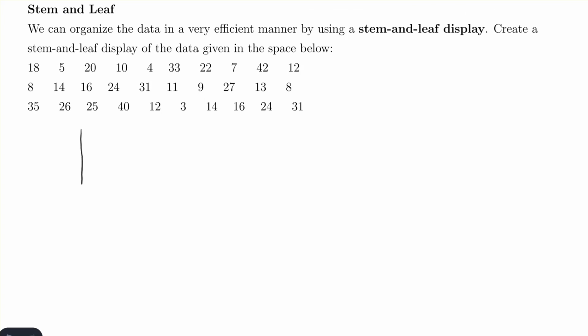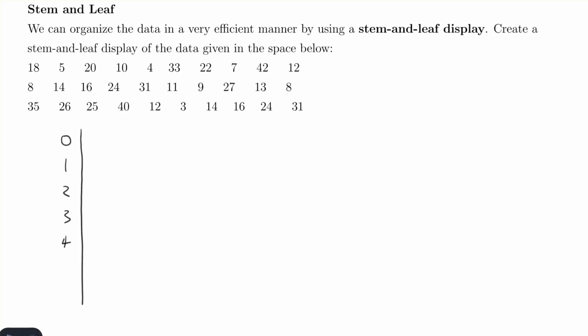You can think of it like this: here's a vertical line, and 0 means we can think of 8 as 08 or 09. And for 1, 2, these are 10s, 20s, 30s, 40s, and there's no 50s. So we're putting all the numbers smaller than 10 in the first row.